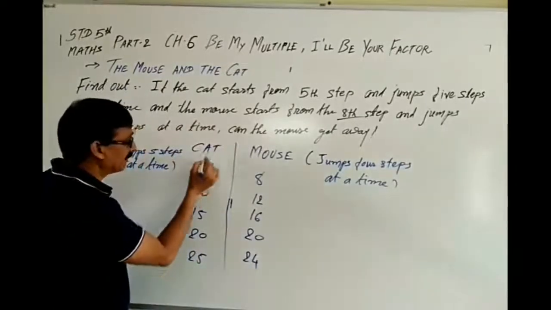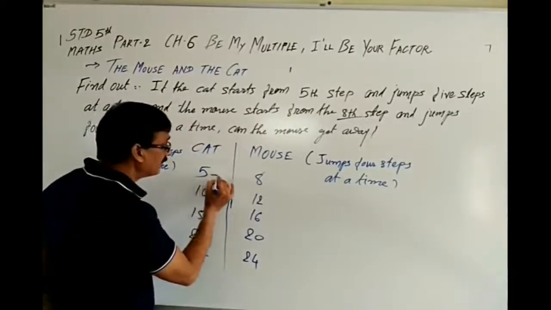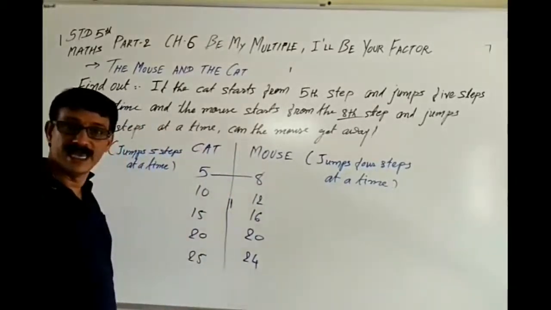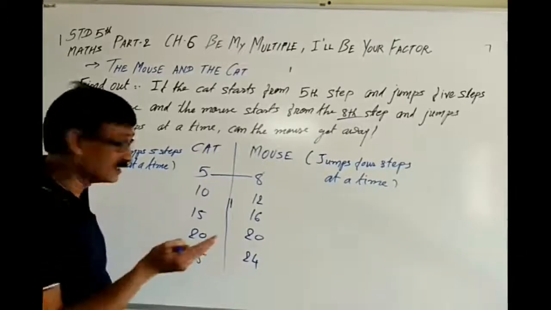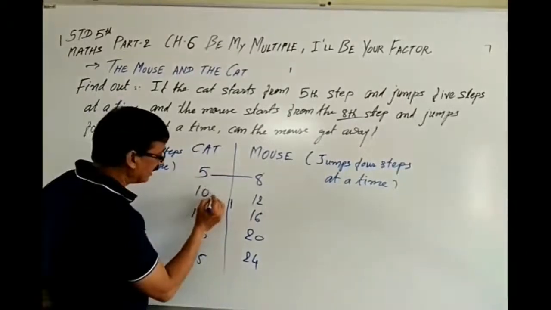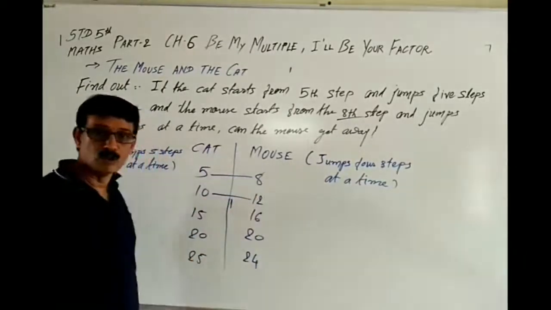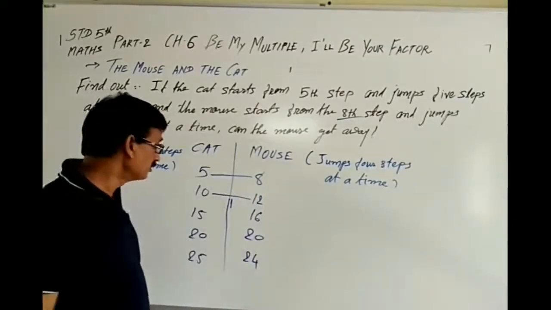On the first step, the cat is on the fifth step. At the same time, the mouse goes on the eighth step. On the second jump, the cat goes on the 10th step, and the mouse goes on the 12th step.